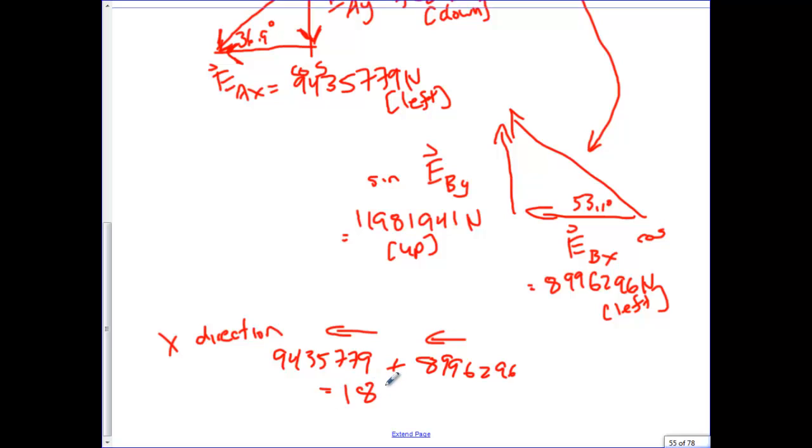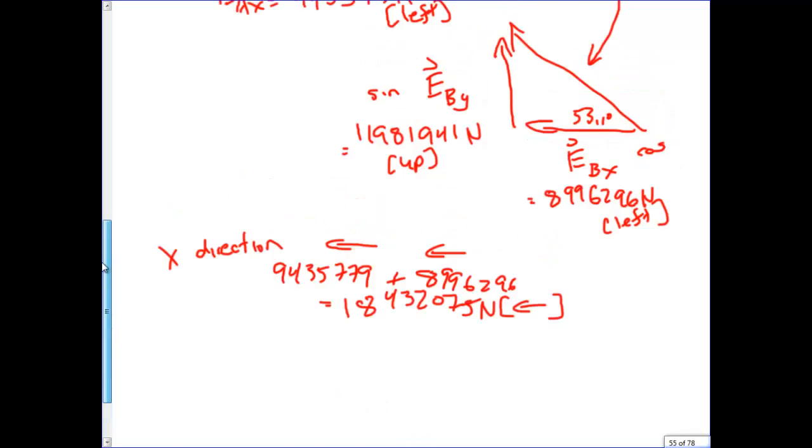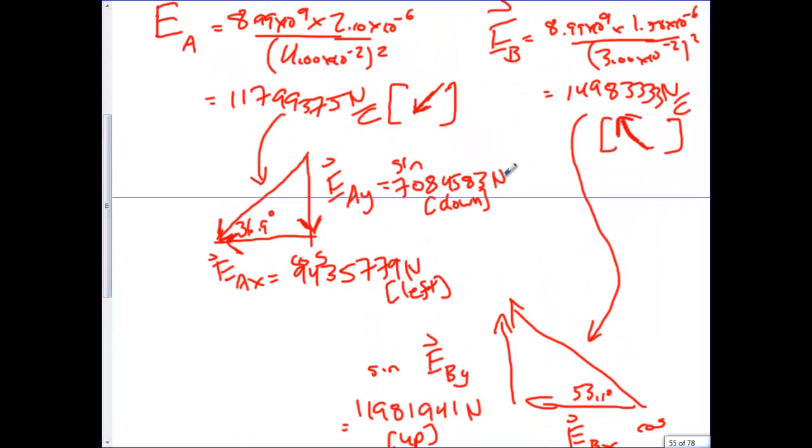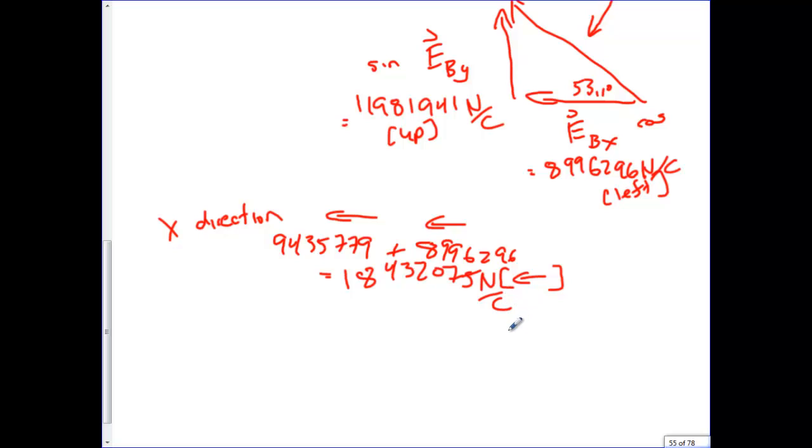So I've got a grand total of 18432075 going that way. That's your X direction. Hang on, this isn't actually newtons, is it? It's newtons per coulomb. Sorry, change all of those to N over C. This isn't a force, this is a field strength. So there's a lot of field strength wanting to push things to the left.